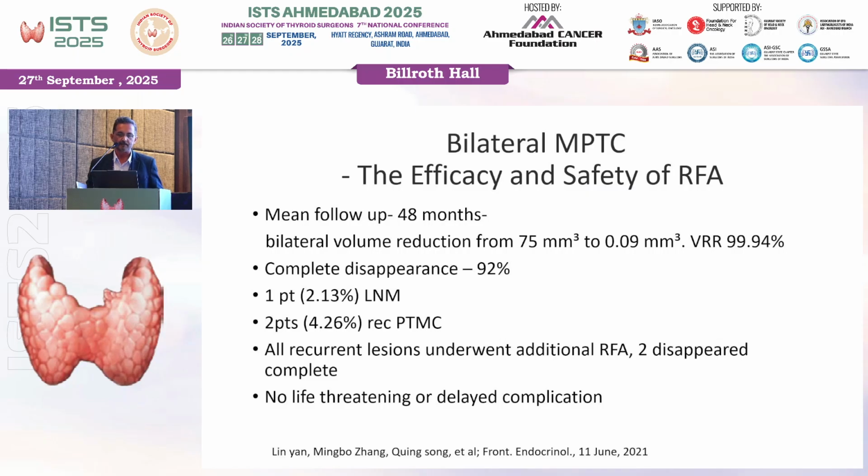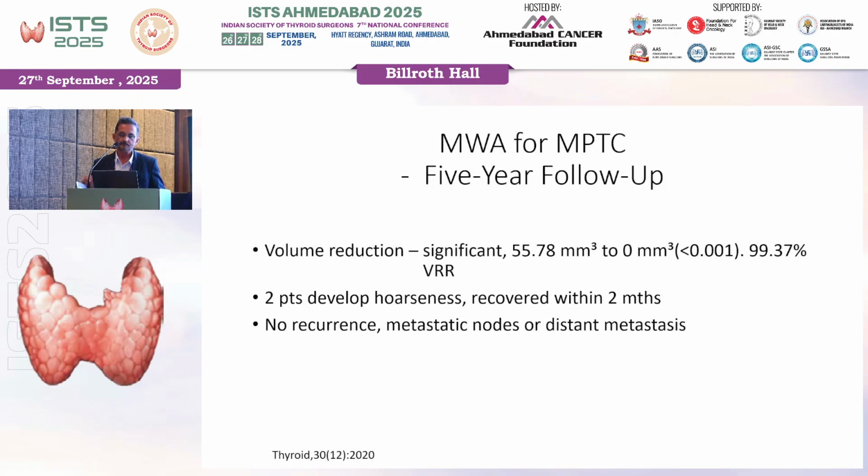Even in bilateral MPTC, with a follow-up of nearly 4 years, the complete disappearance rate was quite promising, and the complication rate was comparable to or even less than the surgical arm. All recurrent lesions underwent additional RFA. The benefit of ablation was that we can use it again and again, and there was no life-threatening or delayed complication.